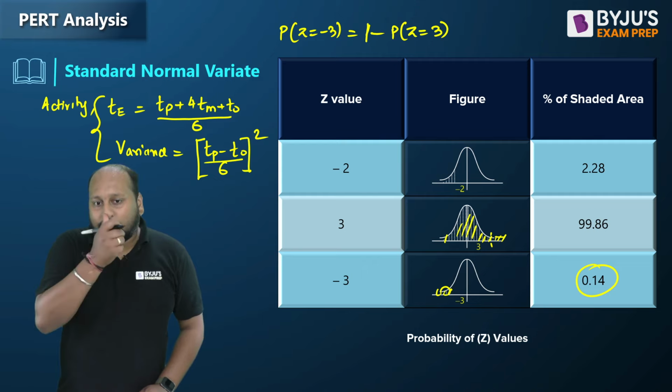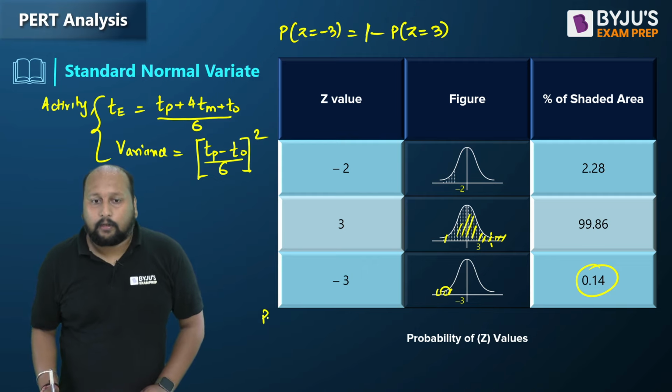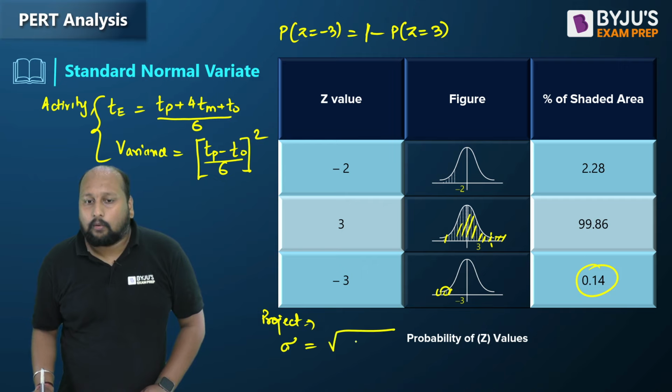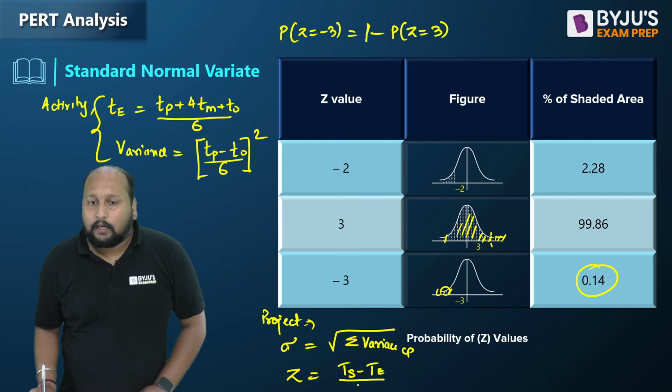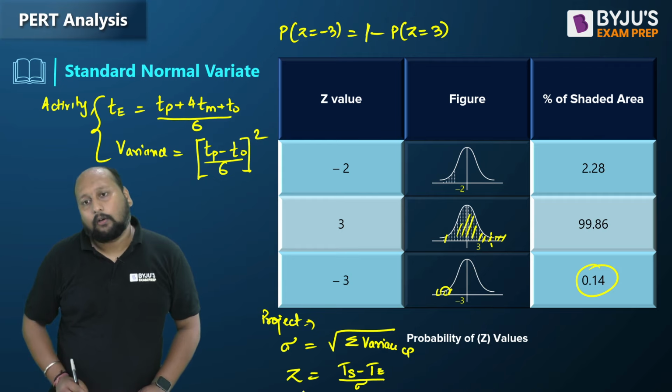For the project, we are calculating the standard deviation, which will be simply equal to the square root of the summation of all the variances along the critical path. And to calculate the standard normal variate, it is equal to scheduled time minus expected time, divided by the standard deviation along the critical path.